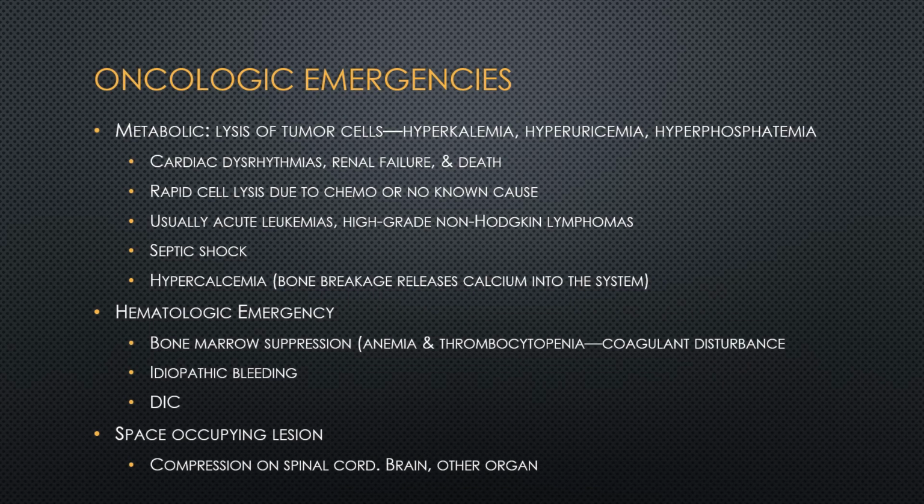Oncological emergencies include metabolic ones. What happens is there's a lysis of the tumor cells, and when that tumor cell breaks down, it can release electrolytes, and they can develop hyperkalemia, hyperuricemia, and hyperphosphatemia, and that puts them at risk for cardiac dysrhythmias, renal failure, and death.